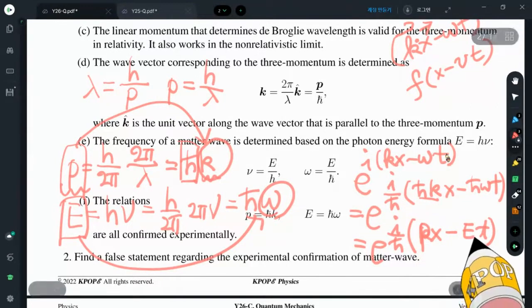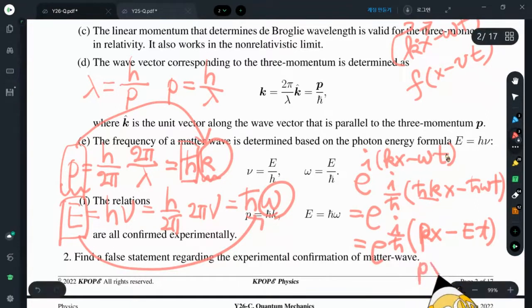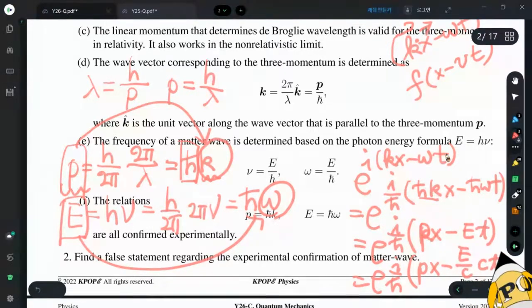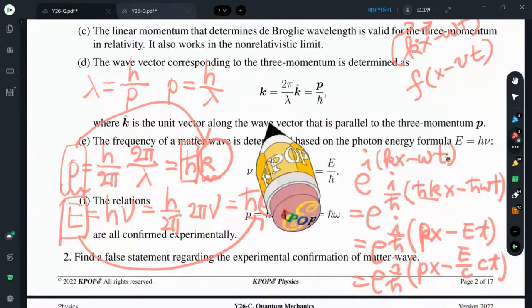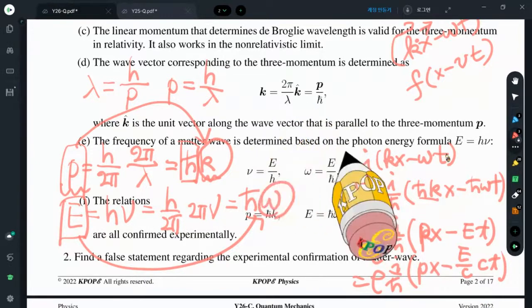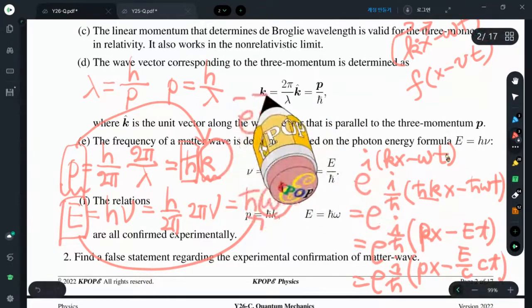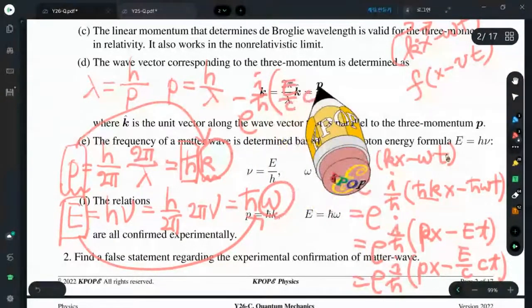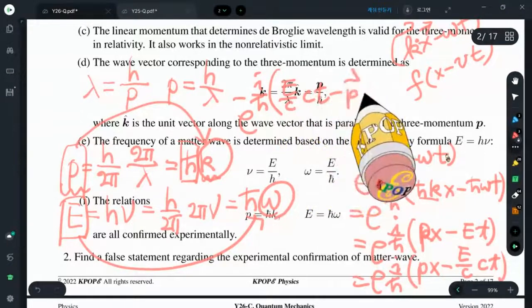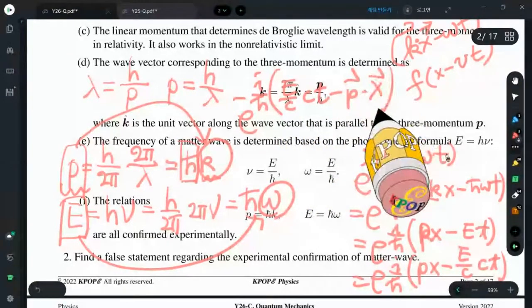Oh, and why don't we replace this one with E over c and ct? Oh, it is very familiar to us. What's that? Minus, we pull out minus, E over c ct minus p dot x.